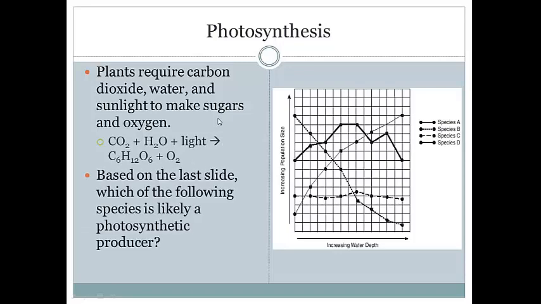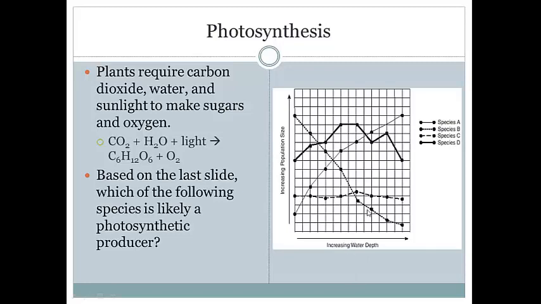So my question for you is, based on the last slide, which of the following species is likely a photosynthetic producer? So in this graph, we have along the y-axis my population size, and along the x-axis the water depth. And you can see that there is a relationship here between the size of the population and how deep we are in the water.